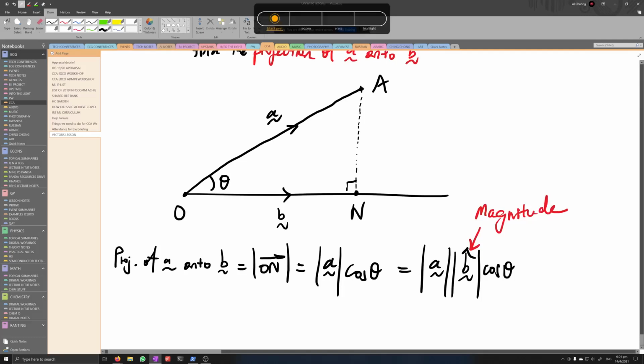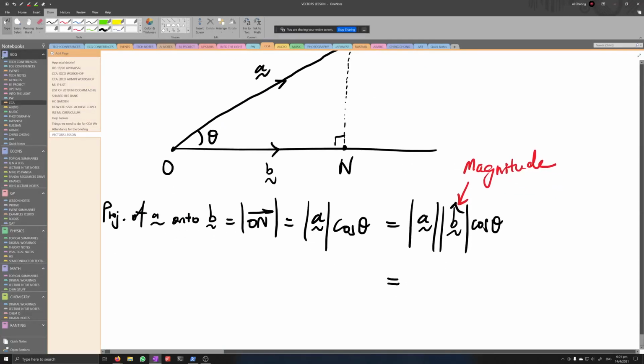So I am essentially forcing out the formula of the dot product.